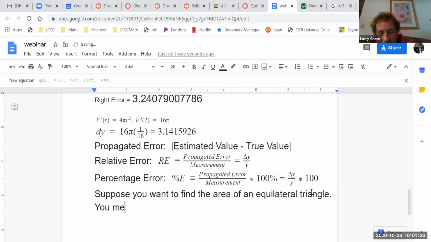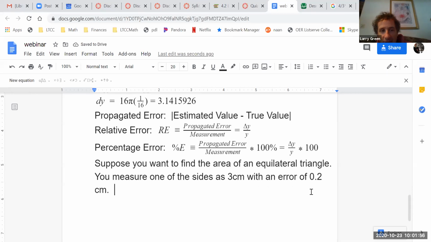You measure one of the sides, let's just write MEA, as 3 centimeters with an error of 0.2 centimeters. And the question is, find everything.